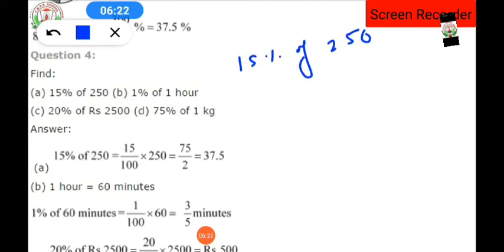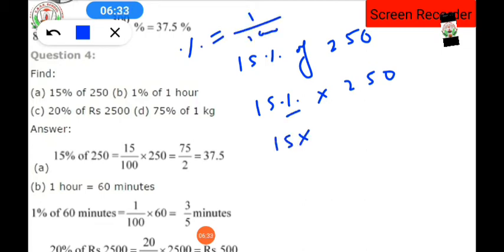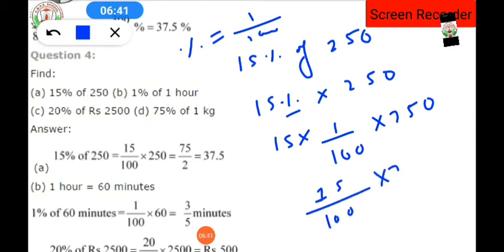As we know, 15% of means 15% into 250. Now this percent can be written as 1 upon 100. So 15 into 1 upon 100 into 250, so 15 upon 100 into 250.